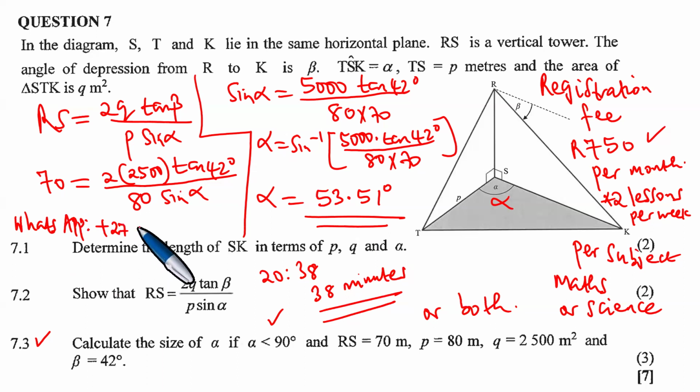The number is 27 82044 8712. You can write here plus 2782044871. So your mom or your father, your guardian, can speak to us about registering for you so that you can be officially entitled to have access to our platform and join the lessons every time.